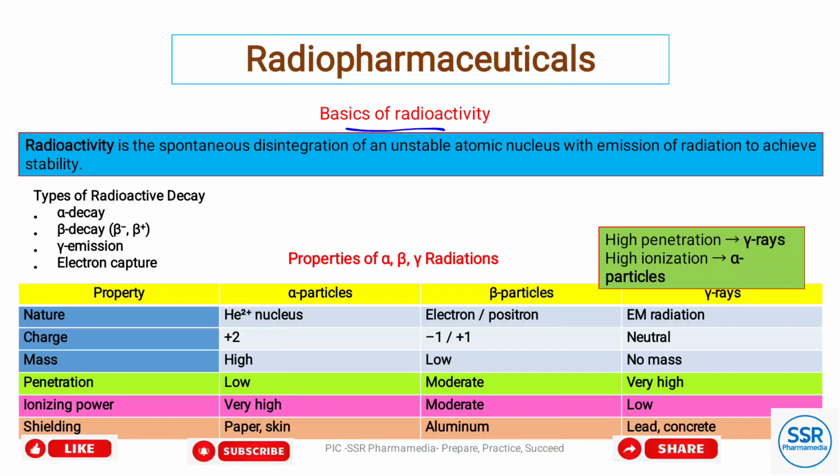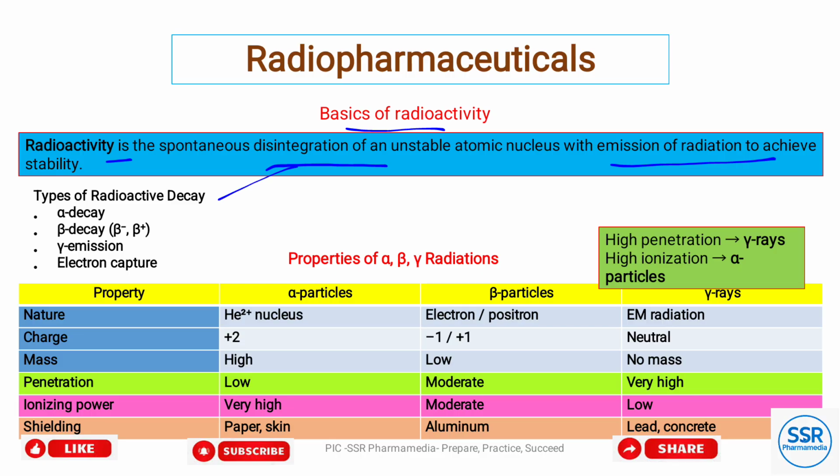First is the basics of radioactivity. What is radioactivity? Radioactivity is the spontaneous disintegration of an unstable atomic nucleus with the emission of radiation to achieve stability. That is called a radioactive substance.